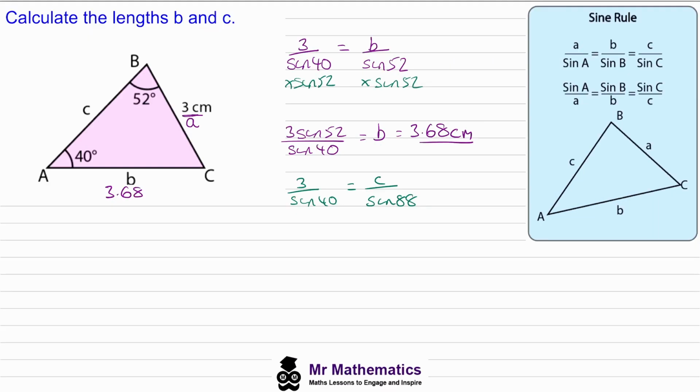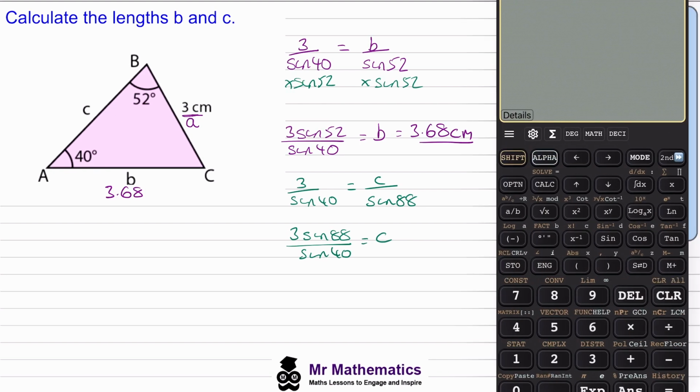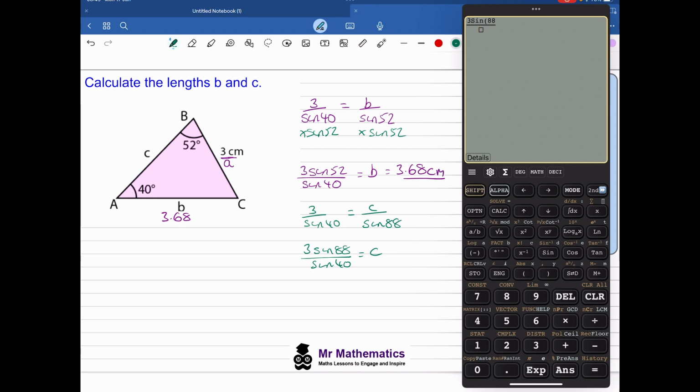Again, we'll move this denominator to the other side of the equation, so we're making c the subject. Now we get 3 times the sine of 88 over the sine of 40 will equal the length c. Working this out, we get 4.66.